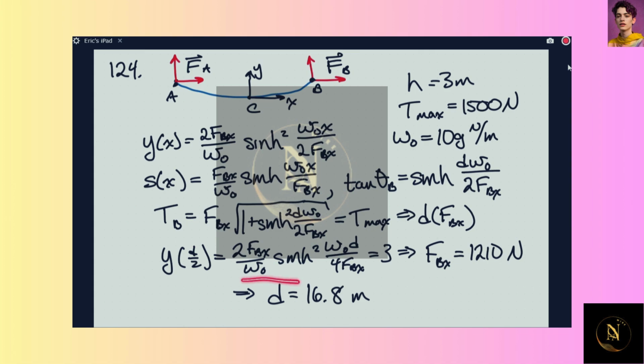And we can graph it and numerically find the solution to that, and it says that FBX is 1,210 newtons. We can then plug this back into this function, and we'll find that D equals 16.8 meters.